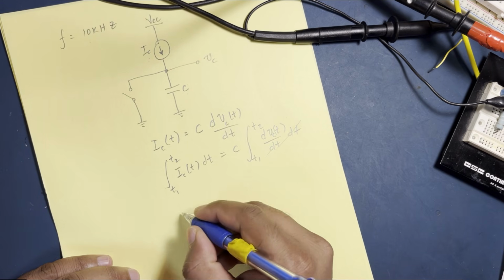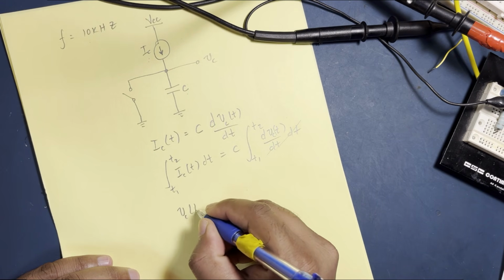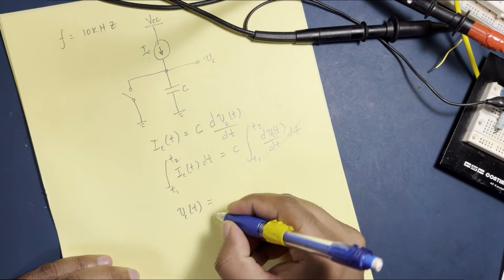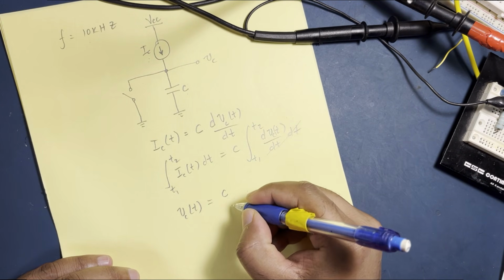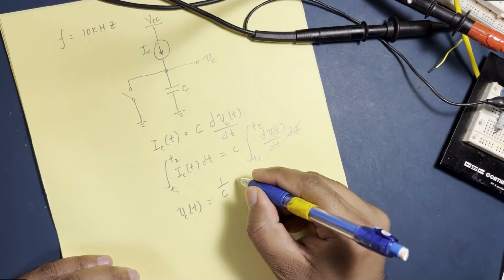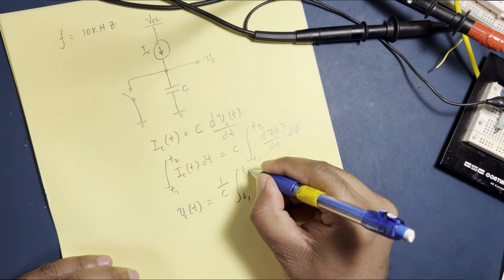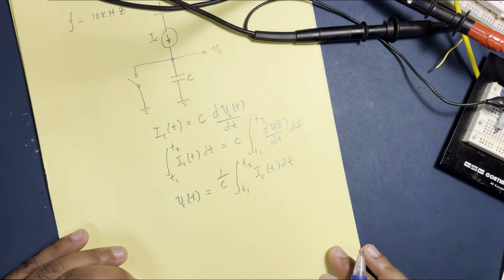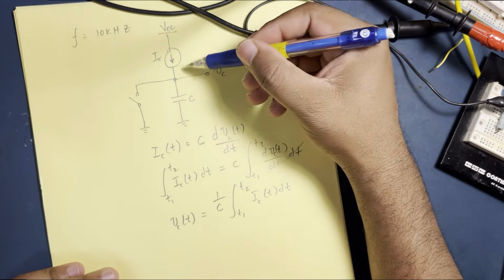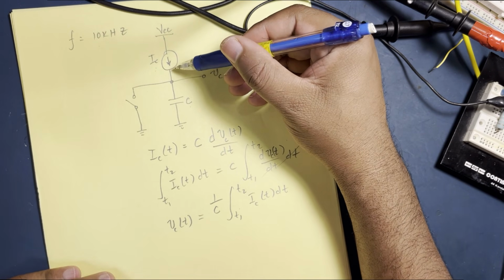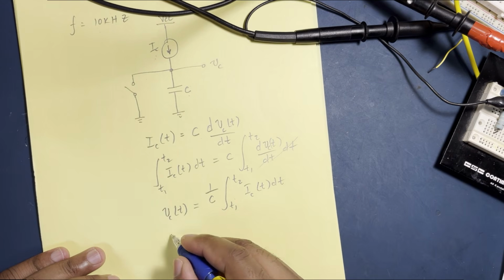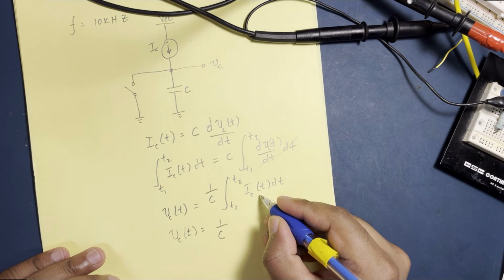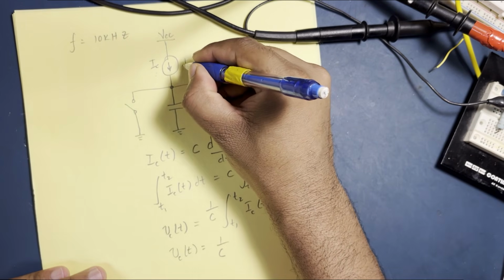So in that case, what you get is VC(t), the voltage in time, equals 1 over C, taking the capacitance to this side, times the integral from T1 to T2 of IC(t) dt. Now, what did we say? We said that this current is constant. I'm going to call that constant current I naught.